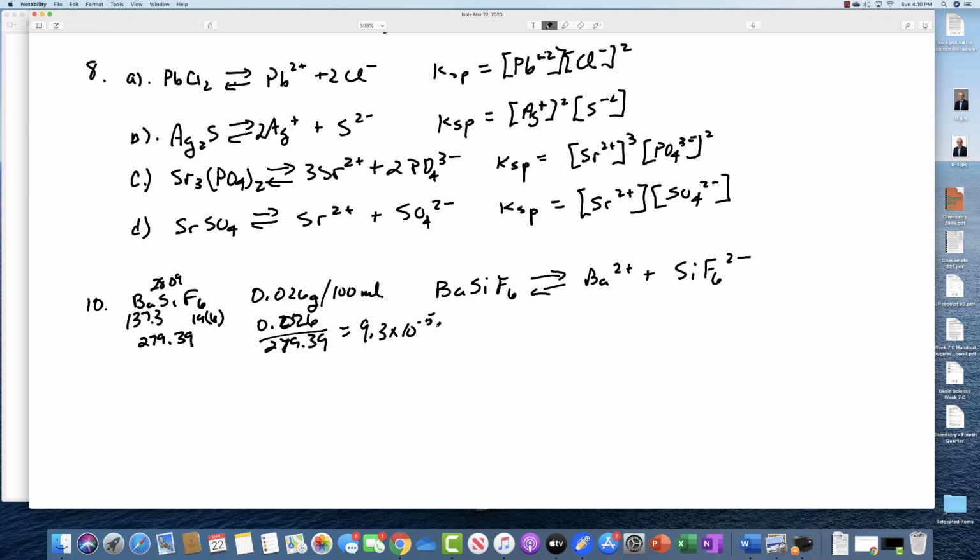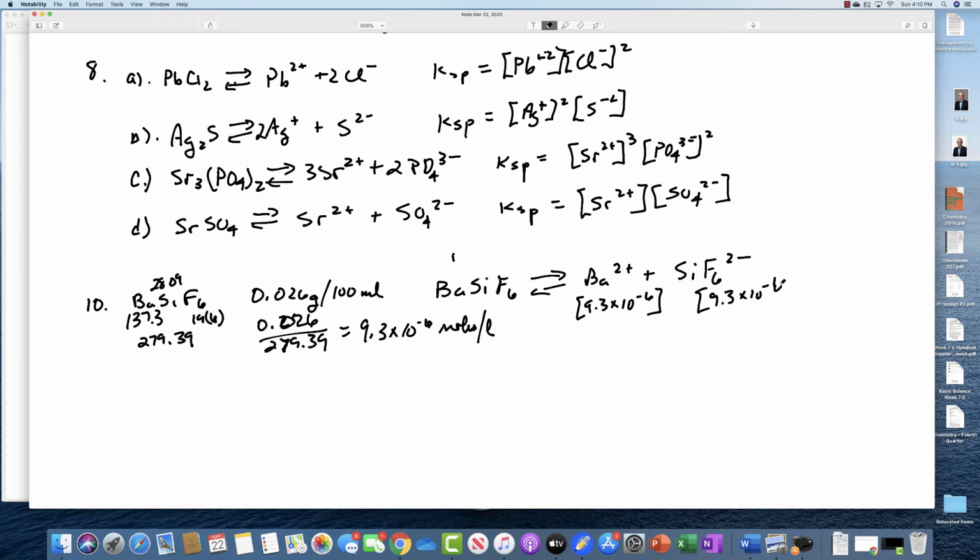So per liter, that would be times 10 to the minus 6. So let's just go ahead and put that minus 6 in here. Moles per liter. So that means that you have this many moles per liter of this, and this many moles per liter of this.